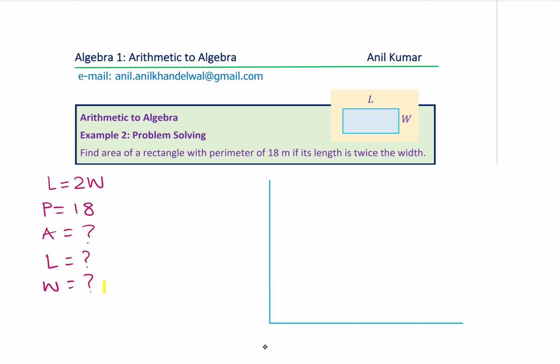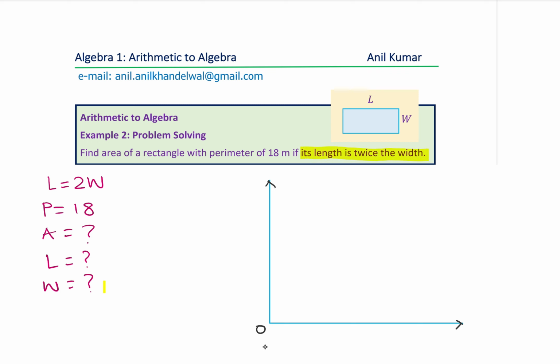Let us say on one side of this we will have one parameter. What should I put on the horizontal x-axis? Let's read the question once again. It says find area of a rectangle with perimeter of 18 meters if its length is twice the width.